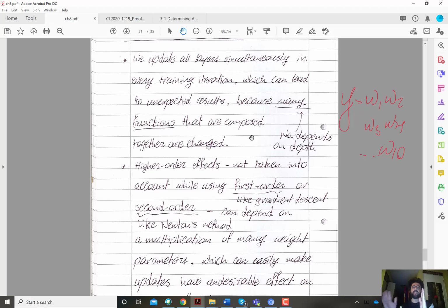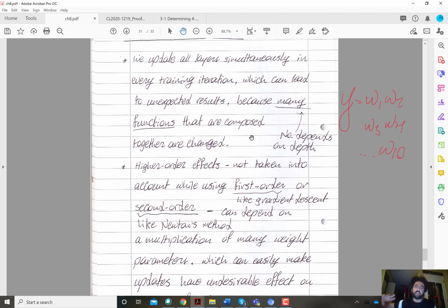So the whole training process of the second layer assumes some kind of statistics for its input, which is the output from the first layer. These statistics, especially in later layers that depend on multiplication of many layers before them, can change significantly.